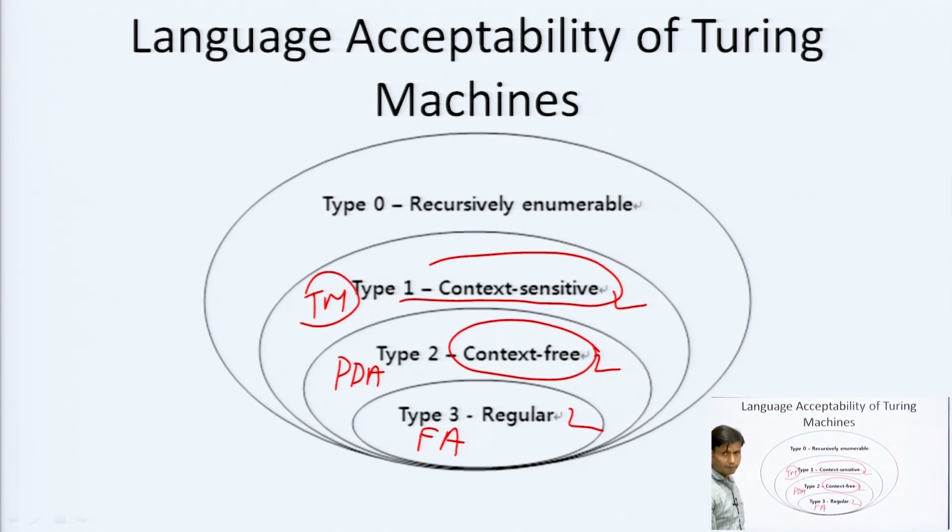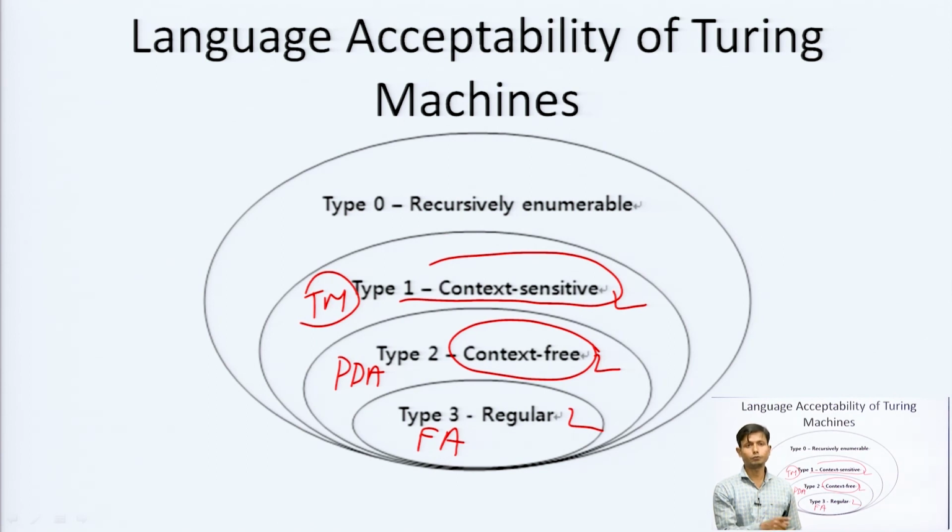So all the regular languages, context free languages and context sensitive languages, or you can say recursive languages, can be accepted by the Turing machines. Here we prove, using the pumping lemma, that those languages are not context free, so they cannot be accepted by a pushdown automata.